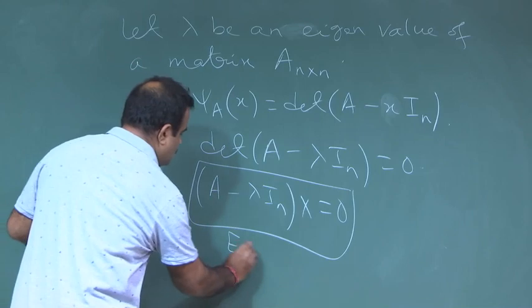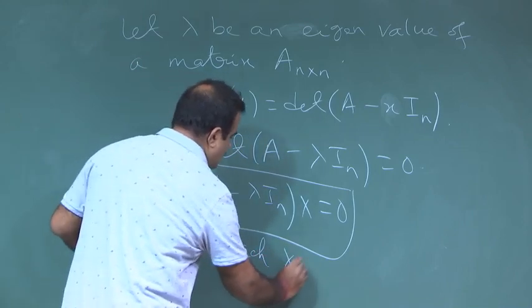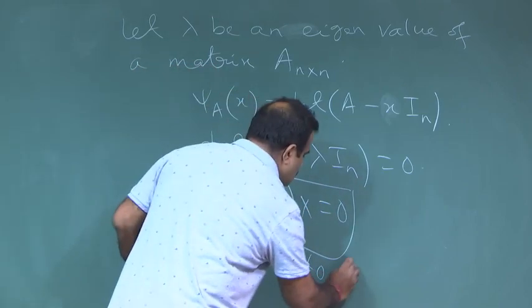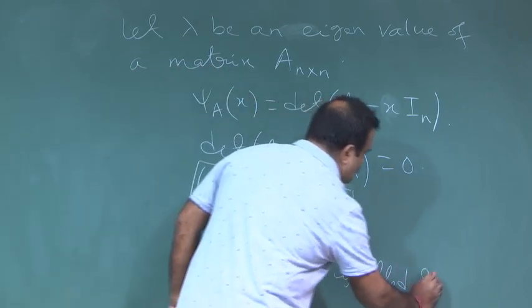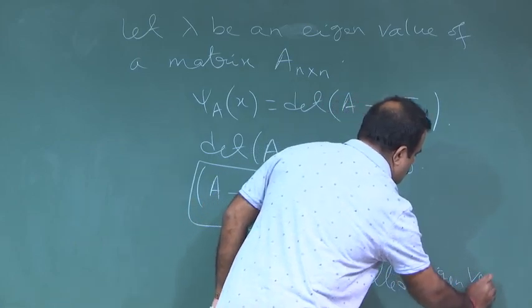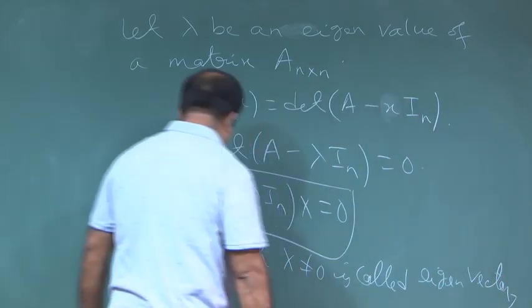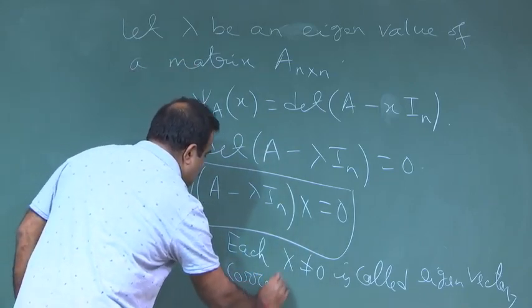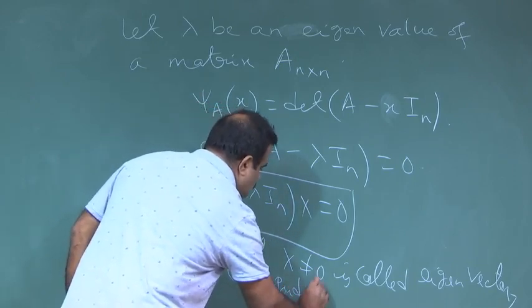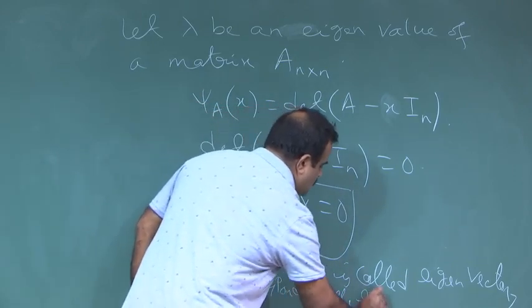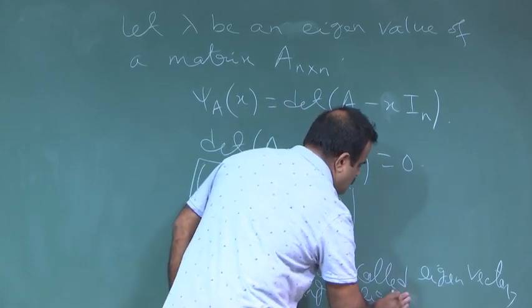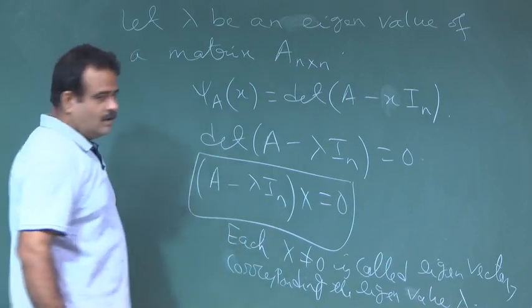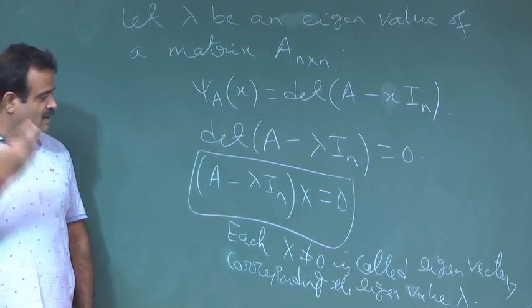Each x not equal to 0 solution of this is called an eigenvector corresponding to the eigenvalue lambda.